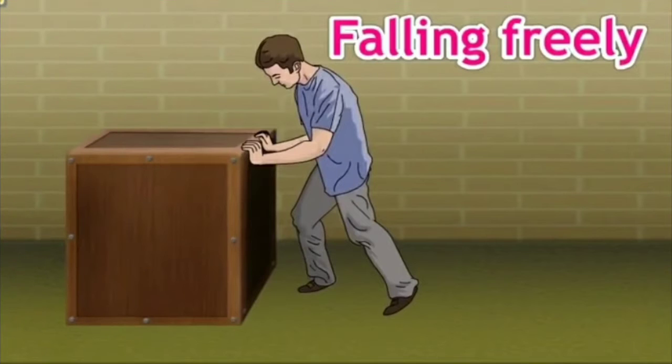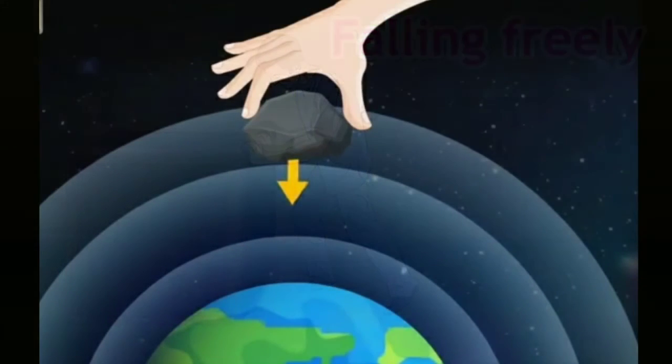So, whenever an object moves under the influence of the force of gravity alone, it is said to be falling freely. Okay, so thus the released stone is in a free fall. So what is a free fall?